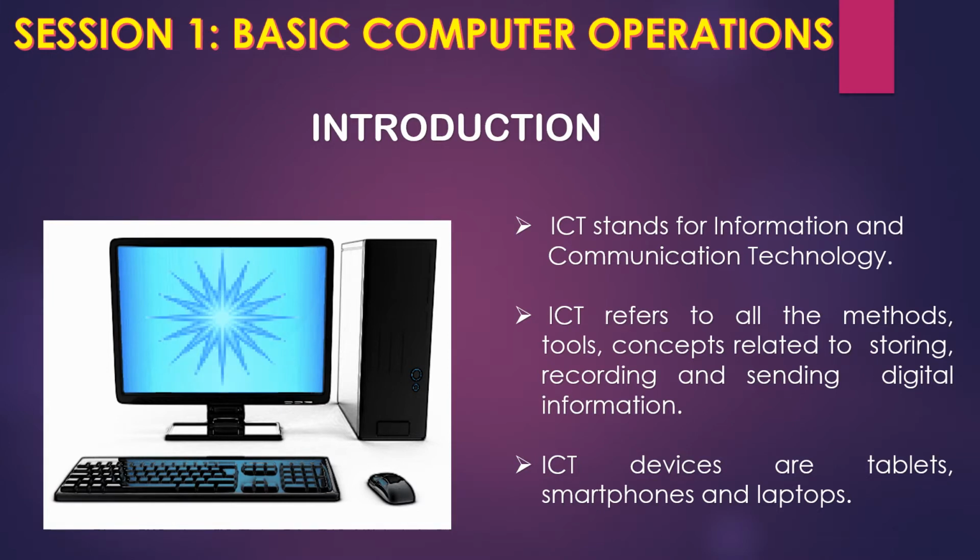So if you store and record it in electronic devices, it takes on a digital form. So for that purpose, what are all the devices we are using? ICT devices are computers, tablets, smartphones and laptops. These are the devices of ICT.